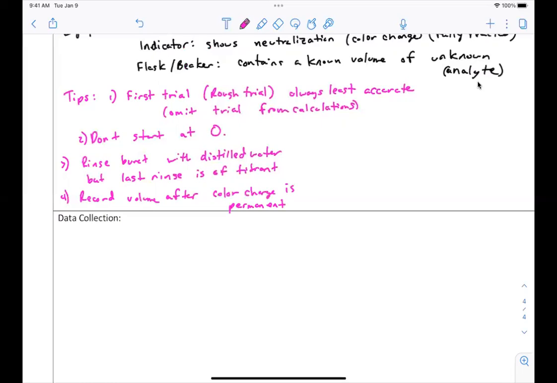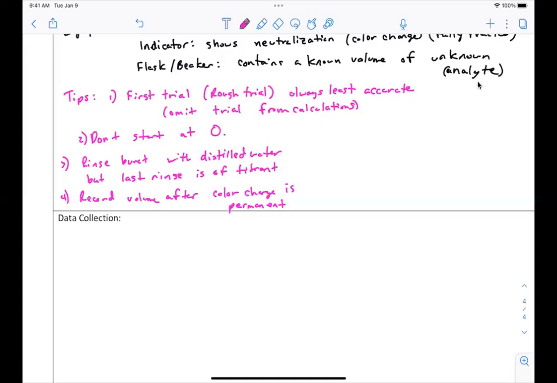Yes, Christoph? Yes, to accelerate the reaction so that we would have less likelihood that it would appear to stay pink for longer and we think we'd be done. So yeah, anytime you are waiting on something, stirring and mixing will speed up the reaction so that there's less room for error.